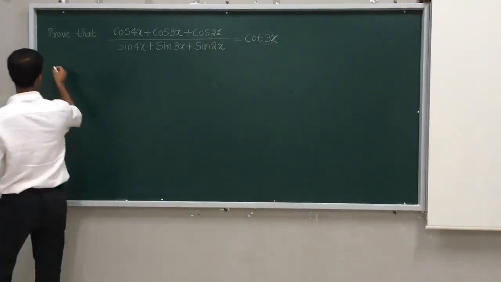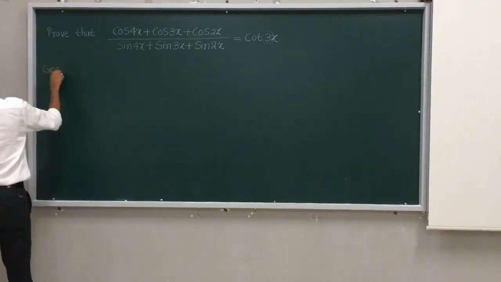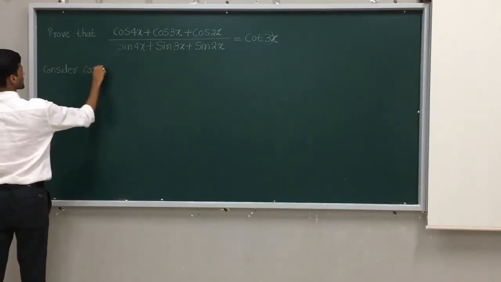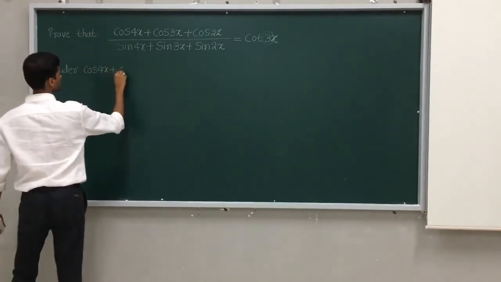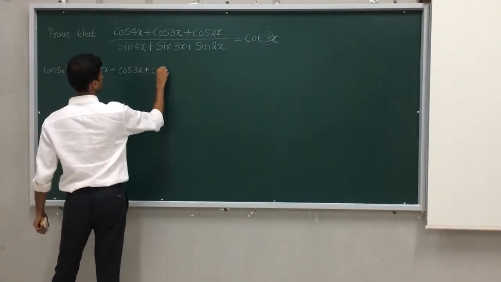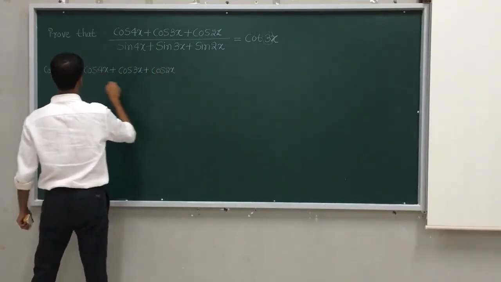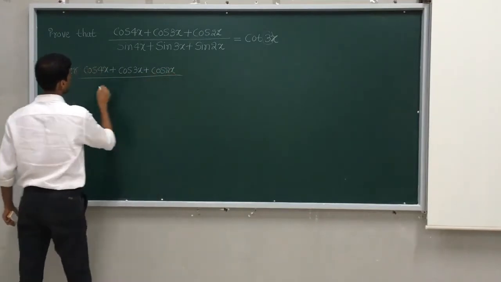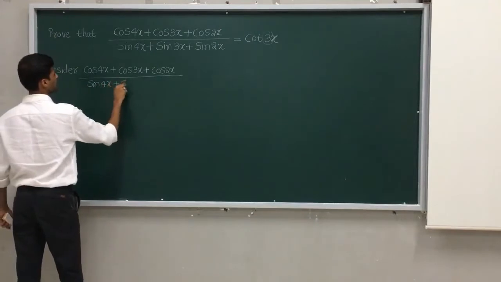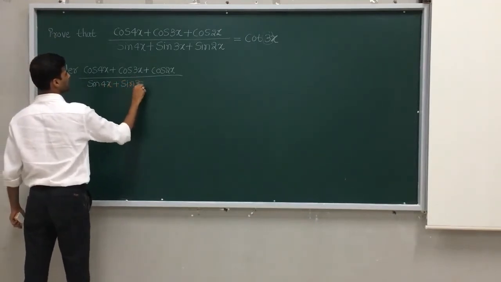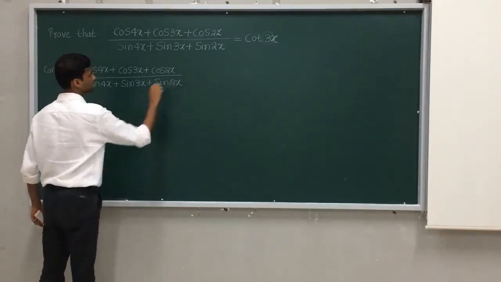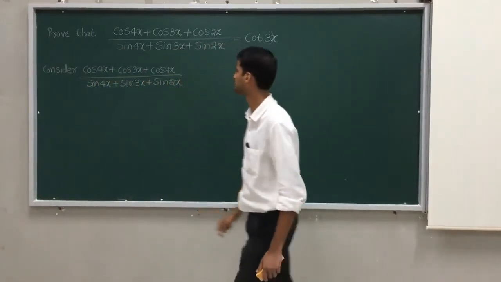Now I will consider cos 4x plus cos 3x plus cos 2x, whole divided by sin 4x plus sin 3x plus sin 2x. Am I right?